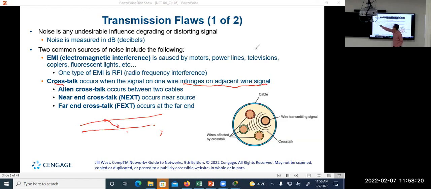They call it crosstalk. When you put 2 wires adjacent together, you have a problem with crosstalk. It can be alien crosstalk between 2 cables, or near end crosstalk, or far end crosstalk. So when you put them next to each other, you can have the possibility of the signal leaking from one wire to the adjacent wire. That's why you have crosstalk.